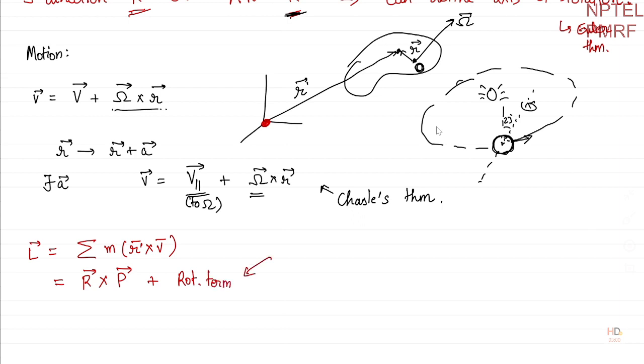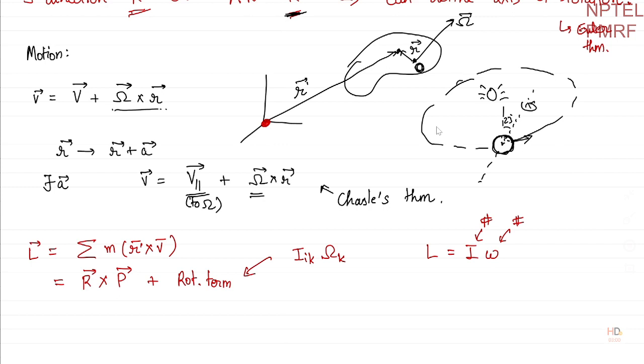And this rotational term, when we expand and use the properties of the cross product, was I_jk times omega_k, right? Where I_jk is some matrix called the tensor of inertia, or moment of inertia, something. So in 11th grade, when we were kids, we used to write L as I omega, where this was some number, and omega is another number, right?